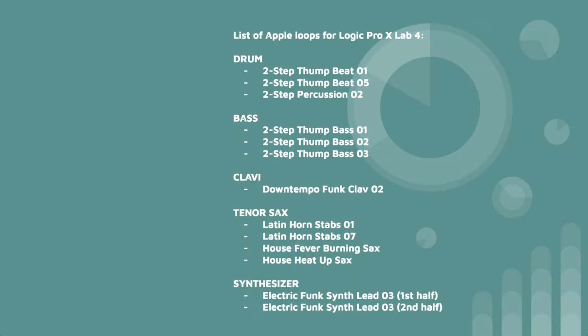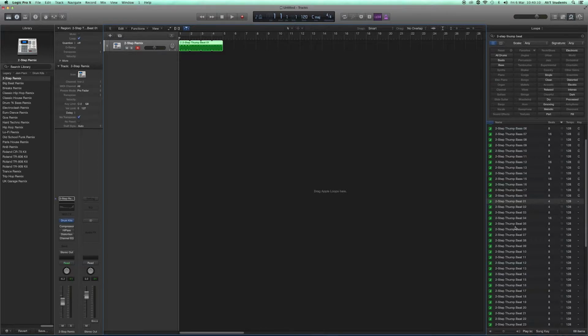Now next one, we are going to use the two-step thumb beat 05. So two-step thumb beat 05 is over here. Okay, so same thing, I will just drag and drop to Logic Pro X, and Logic will auto create the track for it.